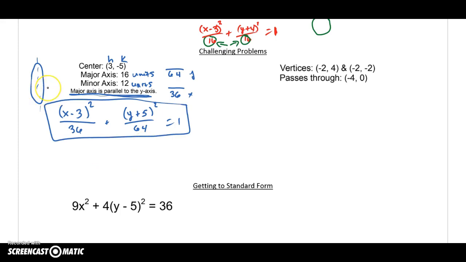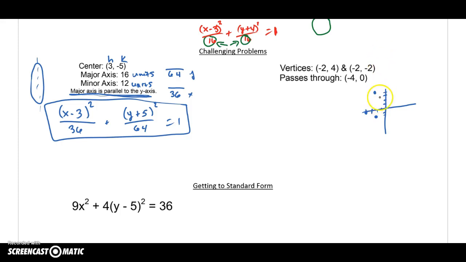So I guess I didn't really need to sketch much on that one, but on this one I am going to sketch. So they tell us vertices are negative 2, 4, and negative 2, negative 2. Let's sketch those. So negative 2, 4, and negative 2, negative 2. Okay. And it passes through negative 4, 0.